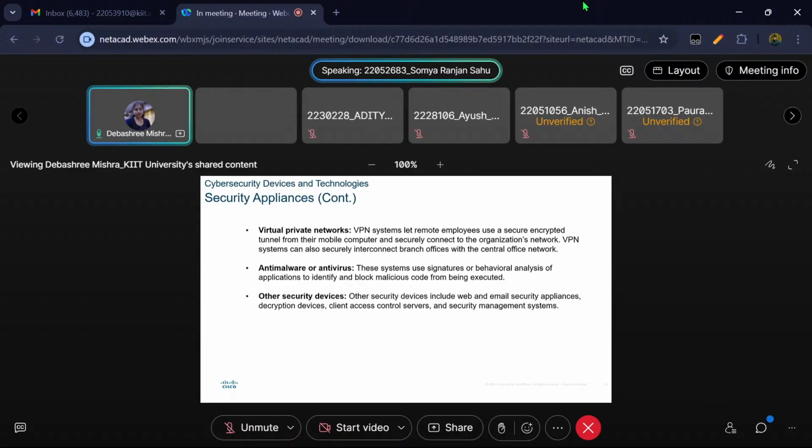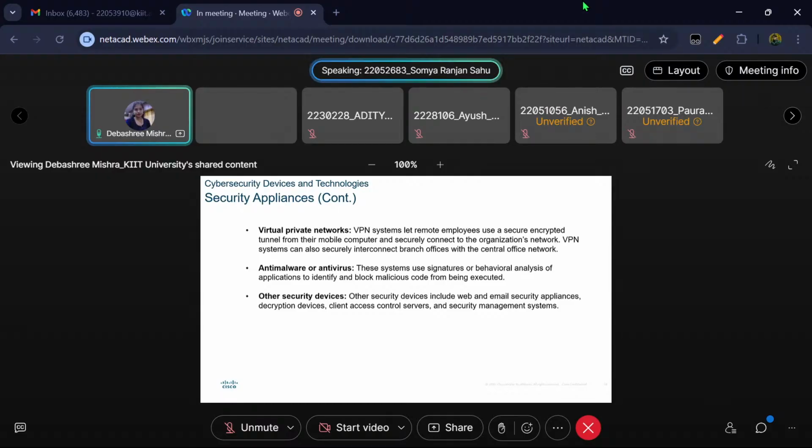The next is anti-malware or antivirus. These are basically system signatures, or we can say behavior, which analyze the application to identify or block malicious code and malicious activity from being executed. Now next is your other security devices.